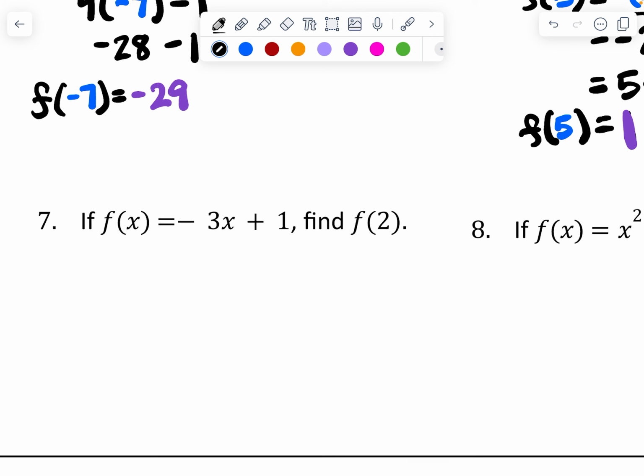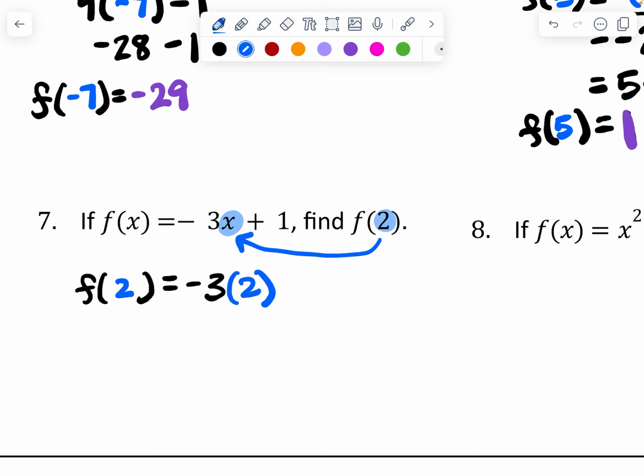Number 7, if f of x equals -3x plus 1, find f of 2. So now we're putting 2 into our equation right here. So we'll write that f of 2 equals -3 times 2 plus 1.